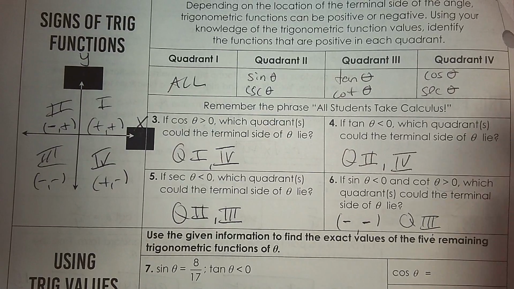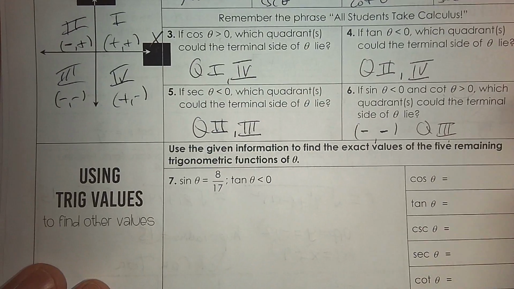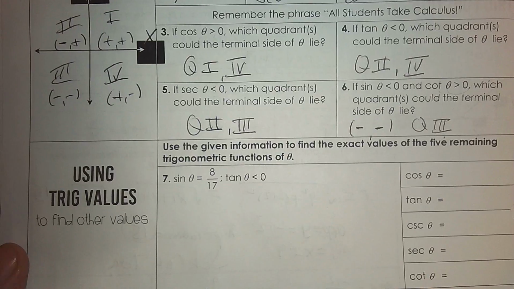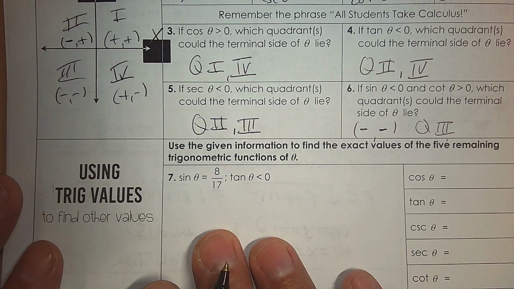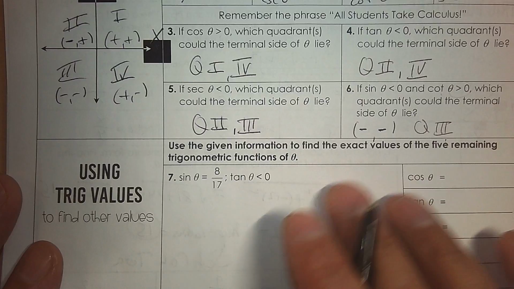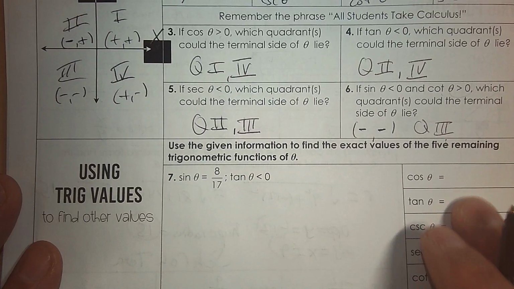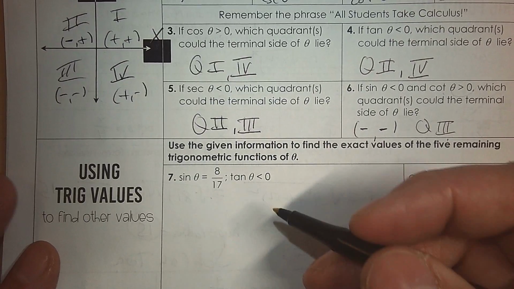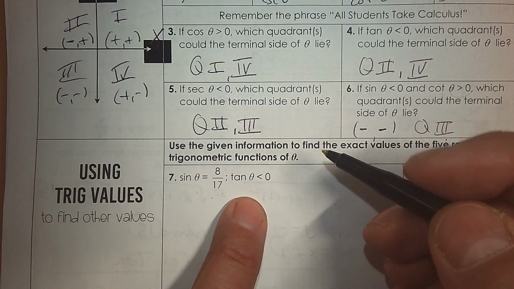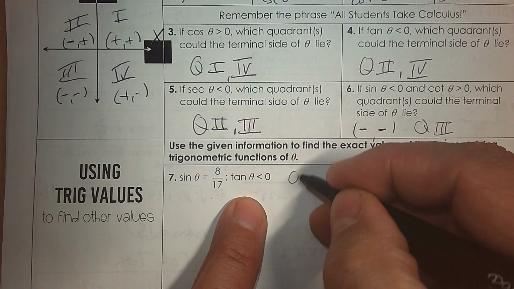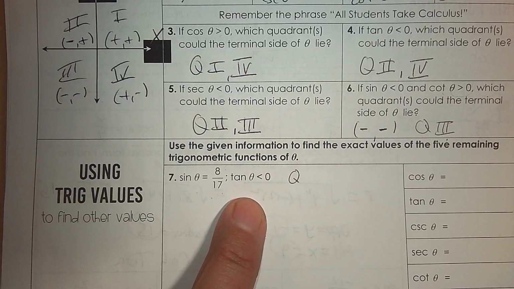All right, use the information given to find the exact values of the 5 remaining trig functions of theta. We're going to draw this to the best of our ability, and then find what we need to find and fill this in. We know that sine theta is 8 over 17. So it's positive, but tangent is negative. What quadrant are we in if sine is positive?